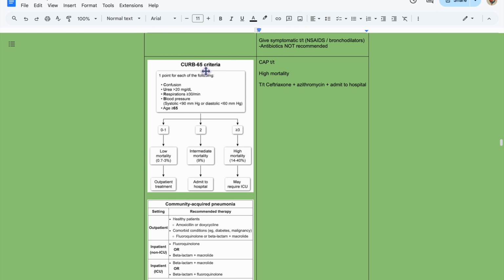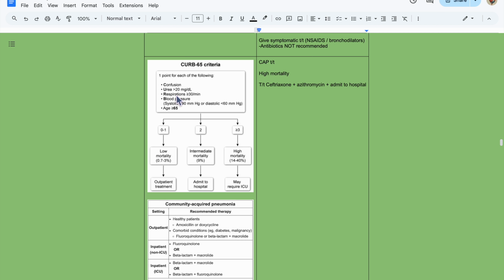So CURB-65. This is an important mnemonic for when you're managing community acquired pneumonia. So you need to know if it is community acquired pneumonia or not. This is how you figure it out. Okay. C is for confusion. U is for urea more than 20 mg per deciliter.